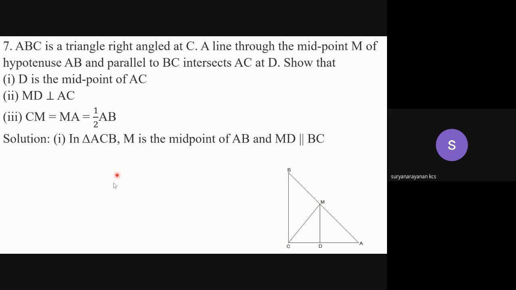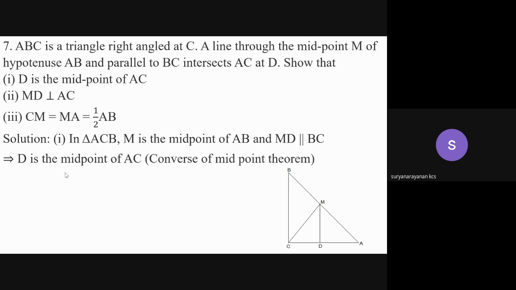So by using the midpoint theorem, we can say that D is the midpoint of AC, by the converse of midpoint theorem. So the first part of the question is over.